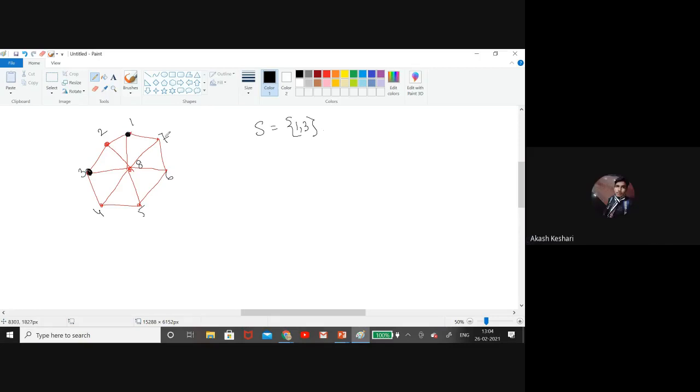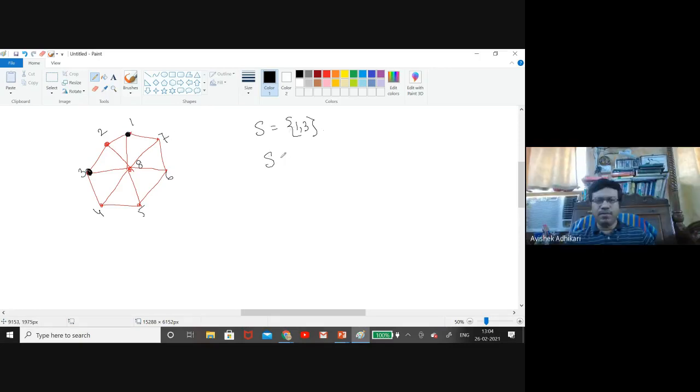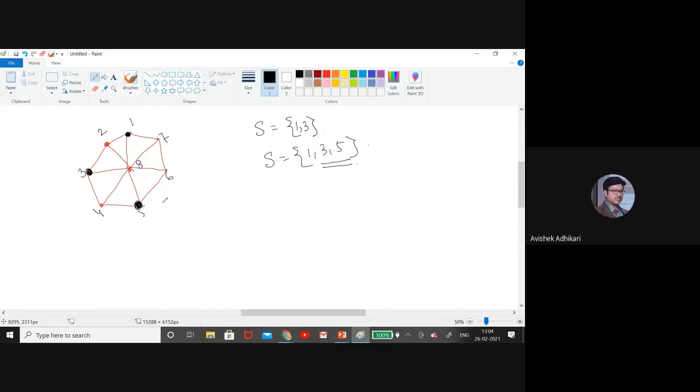No, sir. If I have my S to be 1, 3, and 5, do you have any edge between any pair of these three vertices? 1, 3 is not an edge, 3, 5 is not an edge, and 5, 1 is also not an edge.